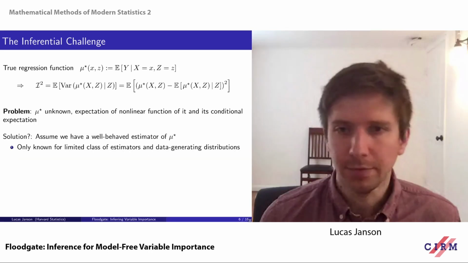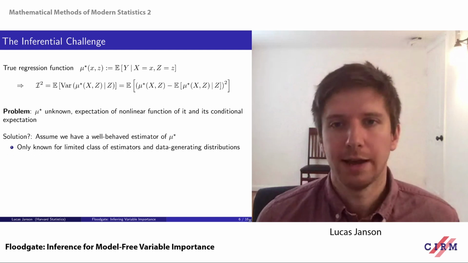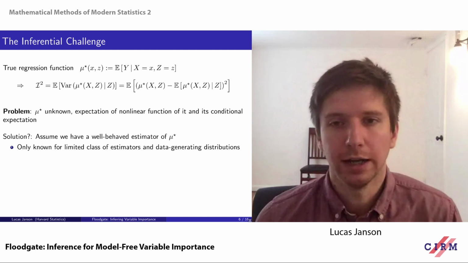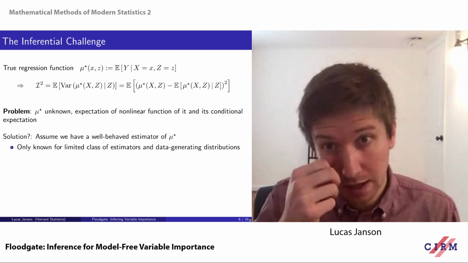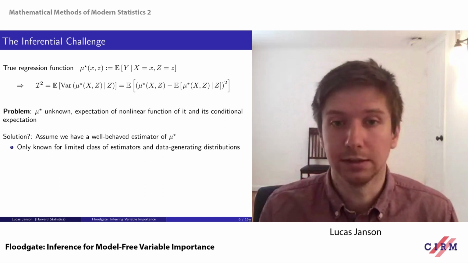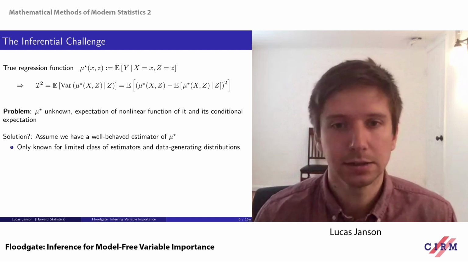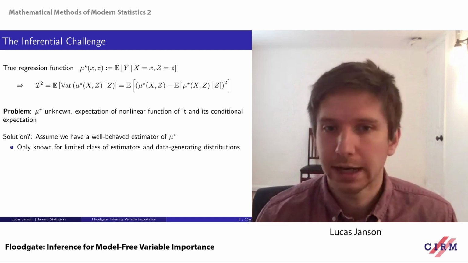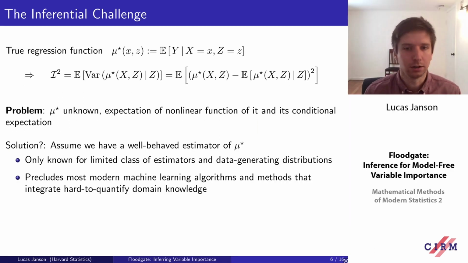Unfortunately, in order to actually use this, we would have to know that our estimator has some nice properties. And in particular, the quality of our inference is really going to depend on exactly how well behaved that estimator is. And good understandings of the quality of estimation are hard to come by.